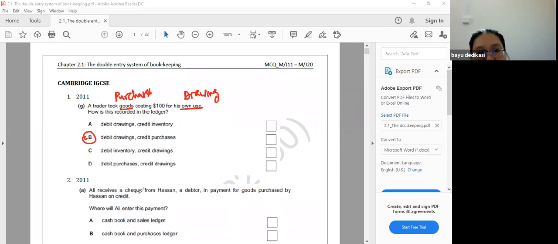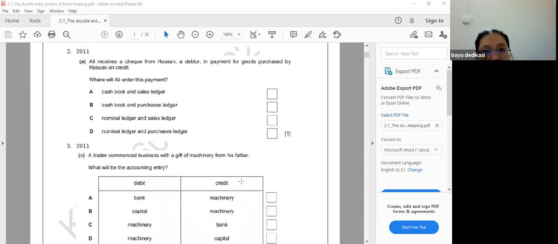Ali received a check from Hassan, a debtor. A debtor is a trade receivable, a customer, making payment for goods purchased by Hassan on credit. Where will Ali enter this payment?